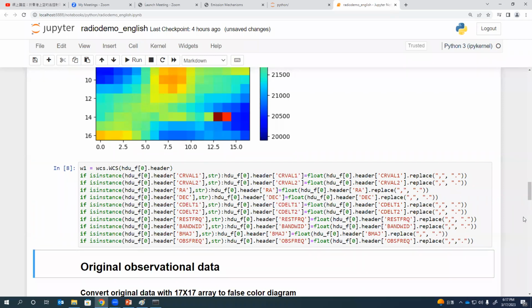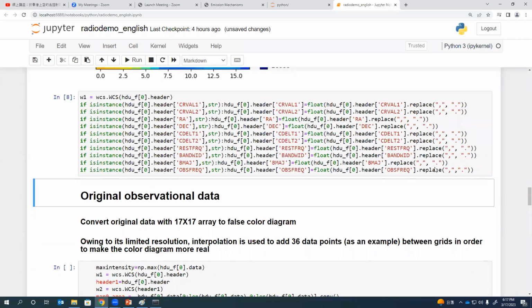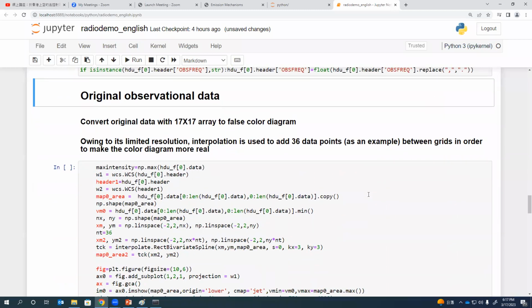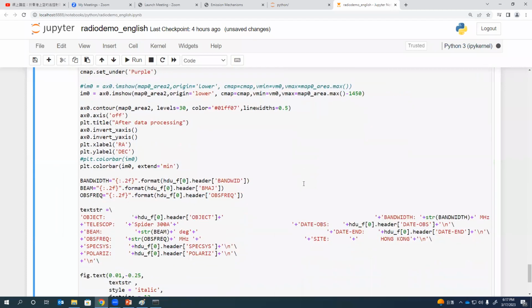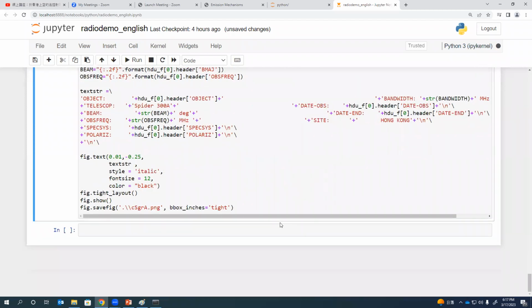Now please wait, I run the program already. And then I continue to process. So wait a short moment.